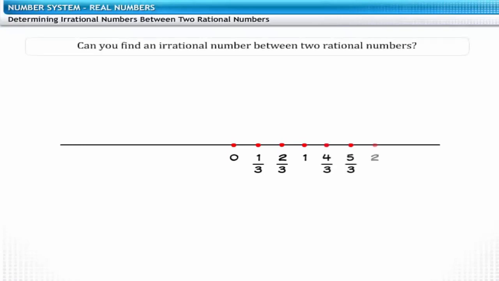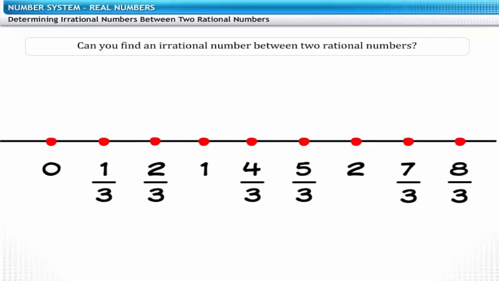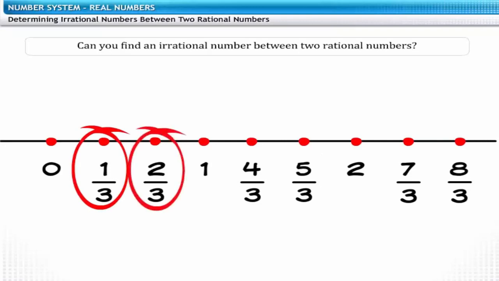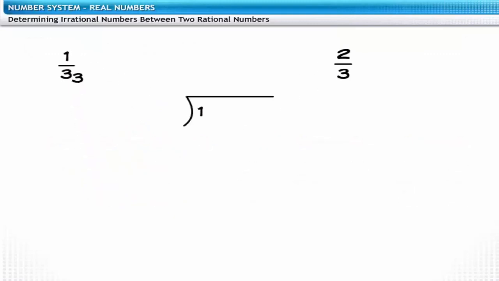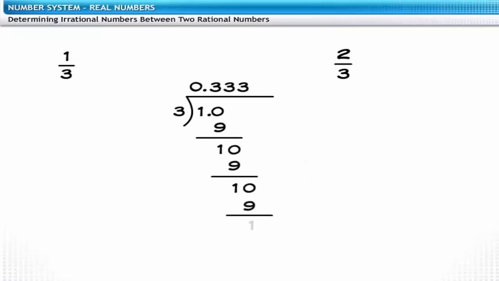Can you find an irrational number between two rational numbers? Let's try. Consider two rational numbers, 1 divided by 3 and 2 divided by 3. First, we'll find the decimal expansion of the first rational number. Thus, 1 divided by 3 is equal to 0.333 and so on.